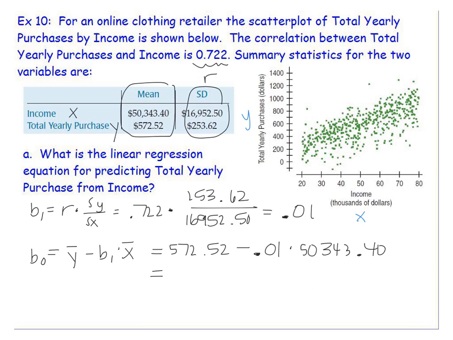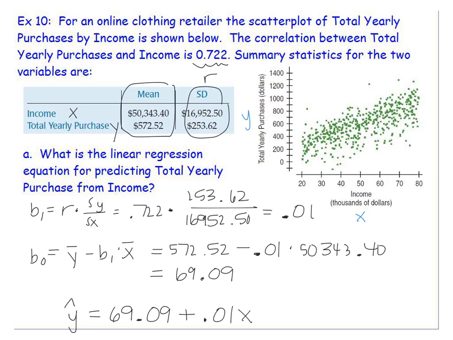So go ahead and type all of that in the calculator, and hopefully you get 69.09 like I did. And so our model is Y hat equals 69.09 plus 0.01x.